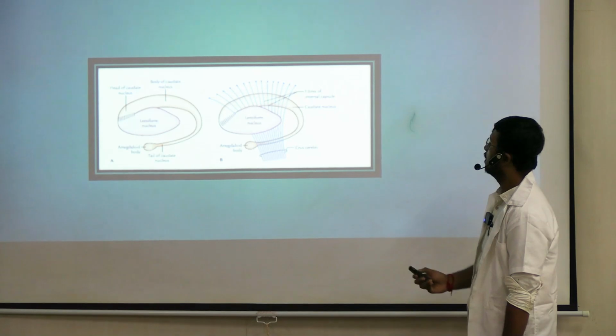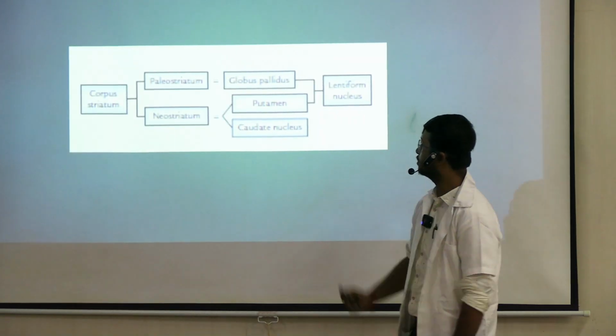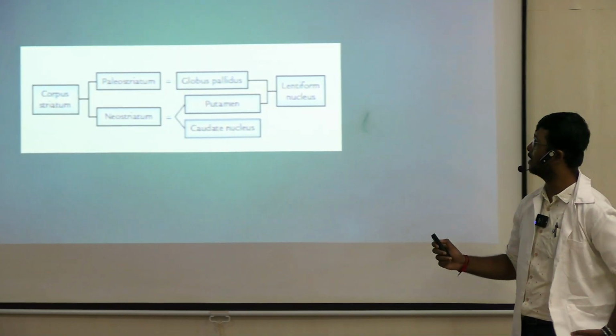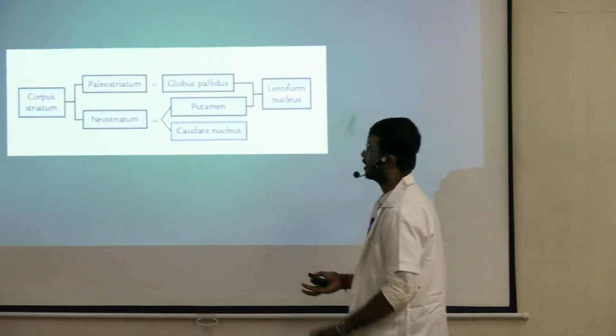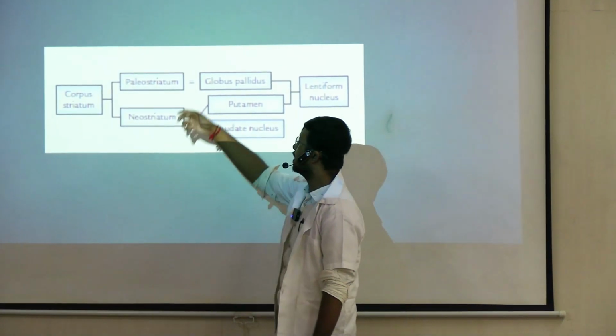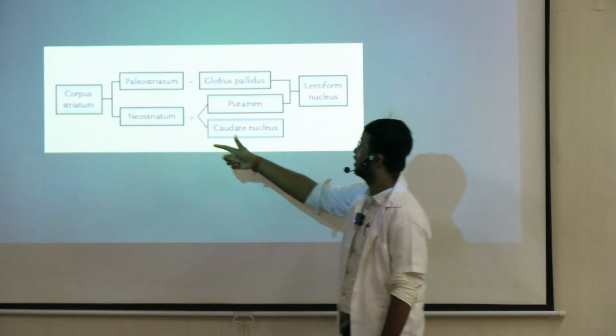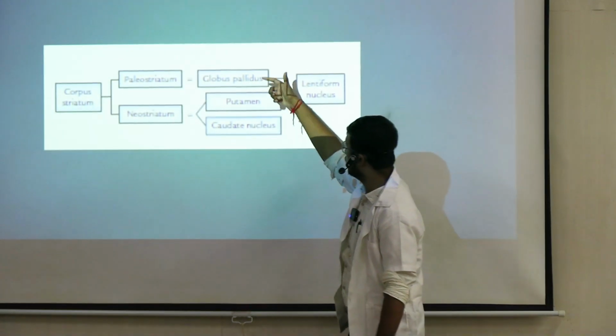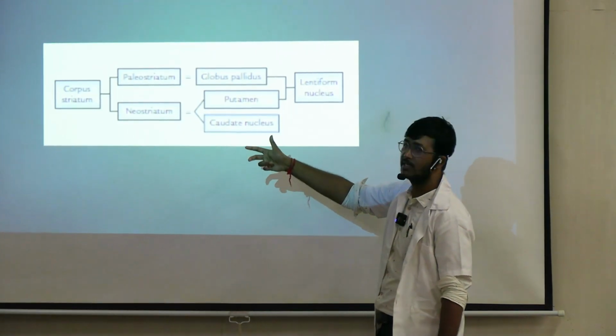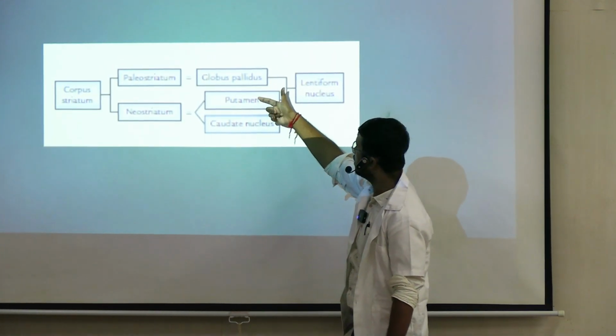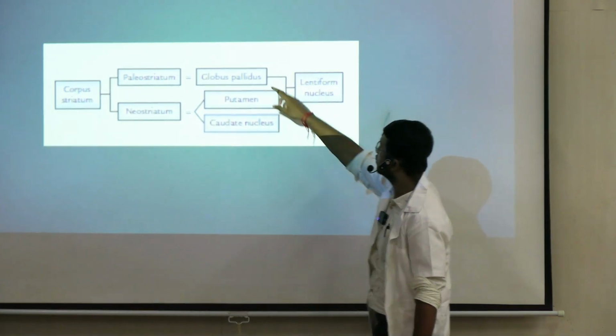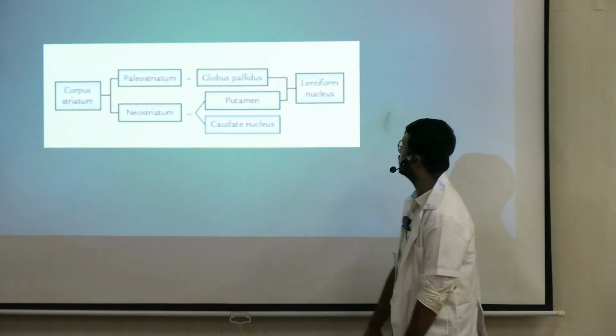Okay, now again coming to this topic. This corpus striatum is histologically divided into the palleostriatum and neostriatum. The palleostriatum gives you the globus pallidus, and the neostriatum, the new cortex, gives you the putamen and caudate nucleus. This globus pallidus and putamen together form the lentiform nucleus.